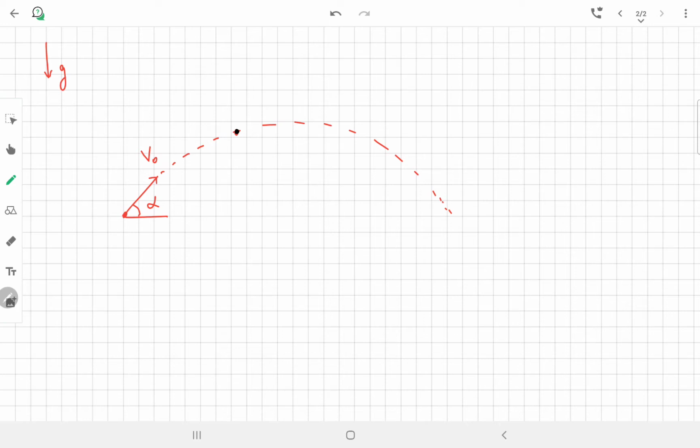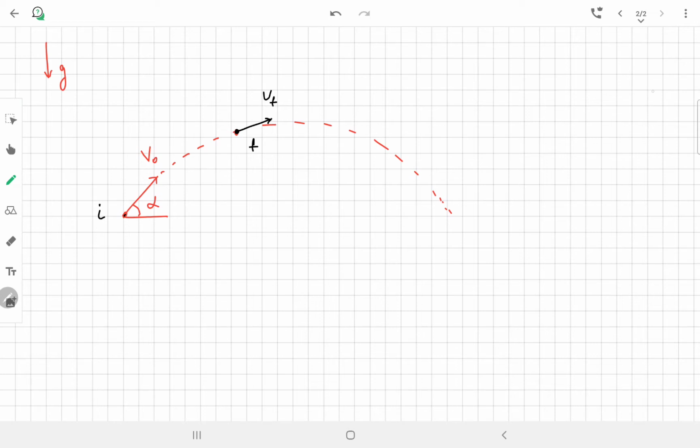Let's call this the final point, f. This is the initial point. So after time t, it will be at point f, which denotes final, and it will be moving in this direction with velocity vf, approximate direction.